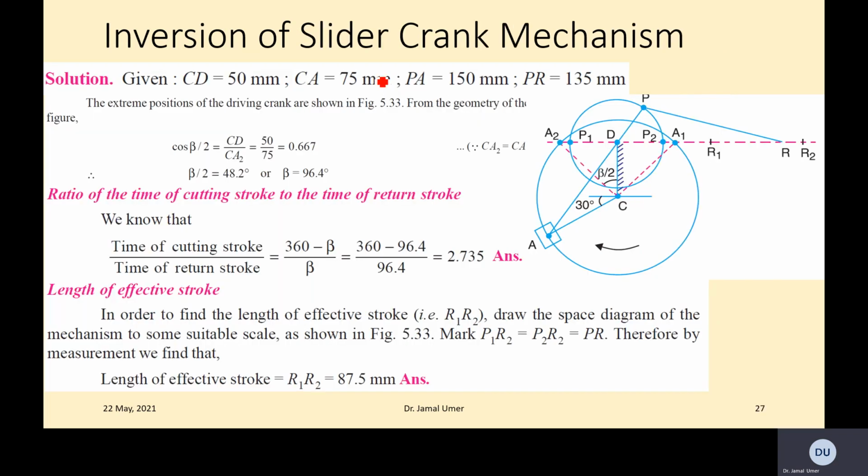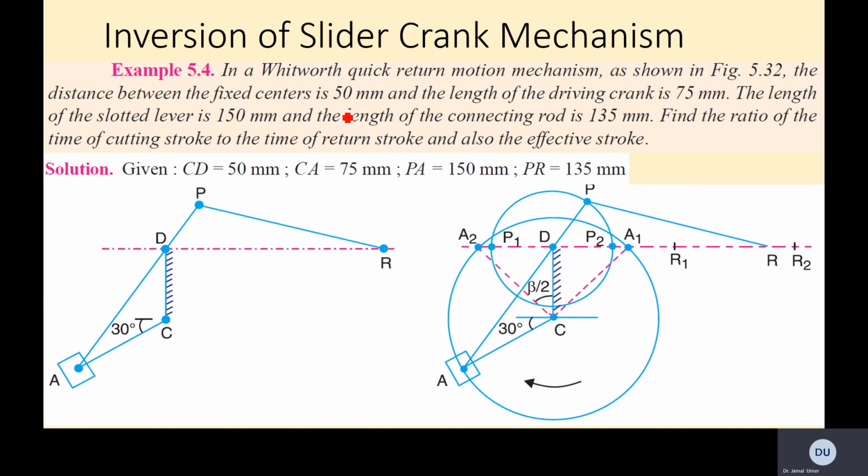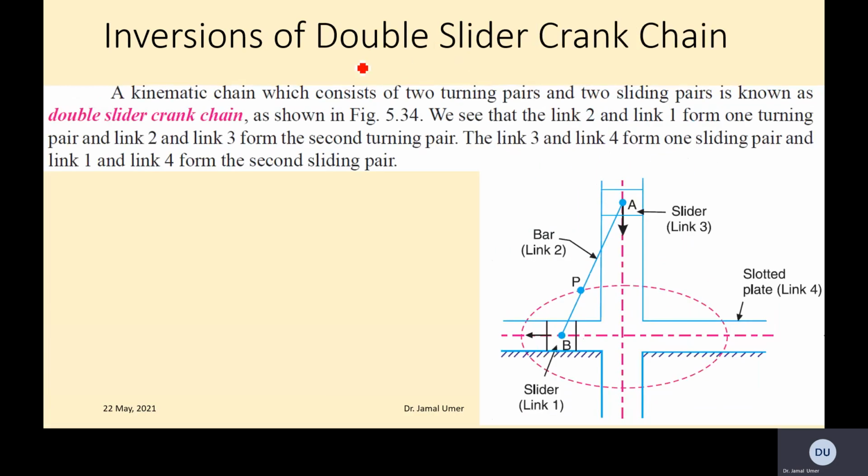In our last lectures, we solved example 5.4, which was about the Whitworth quick return mechanism. The next is the double slider crank. We had a brief overview already, so I will just go through it again.